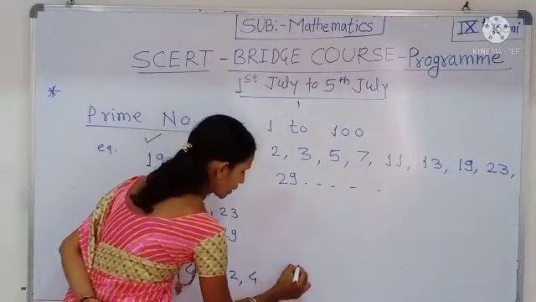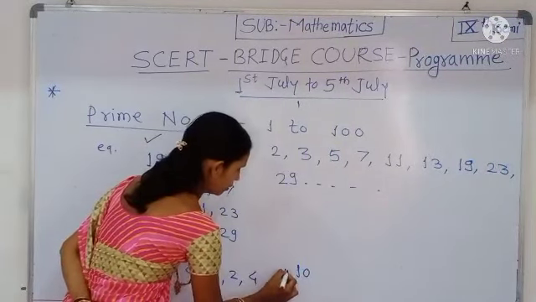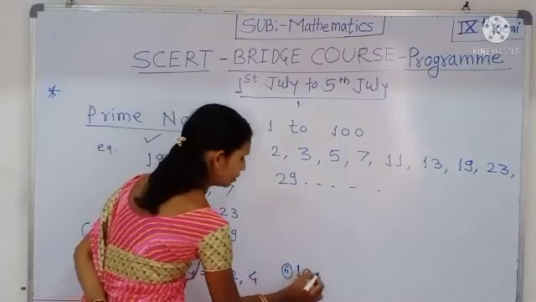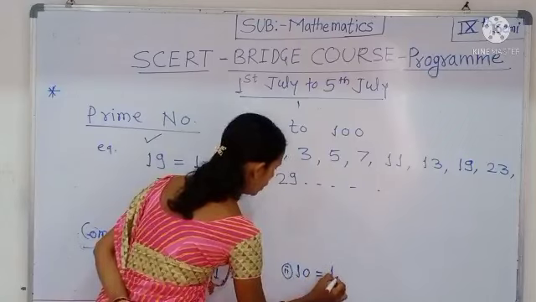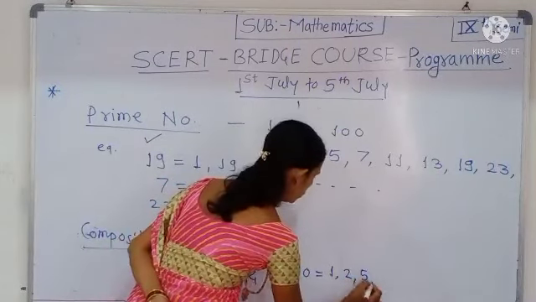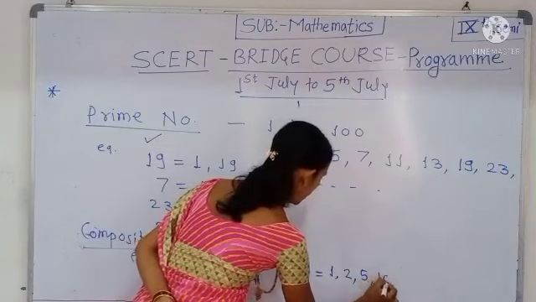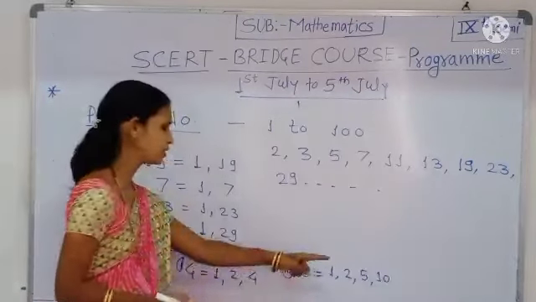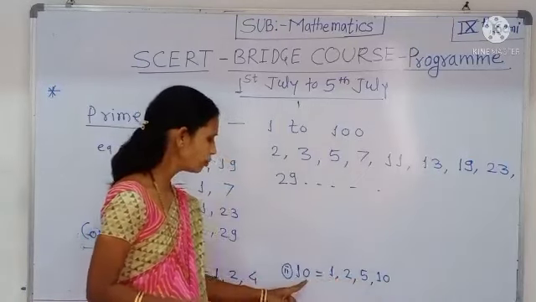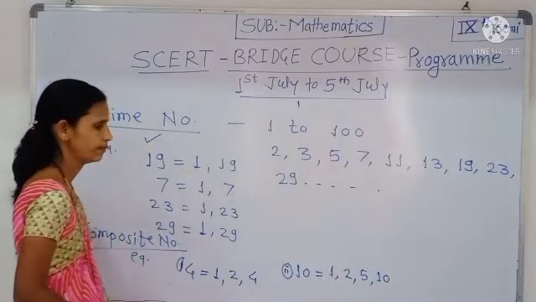One more example is 10. 10 is divisible by 1, 2, 5 and 10. That means the divisors of 10 are 4. Therefore 10 is a composite number.